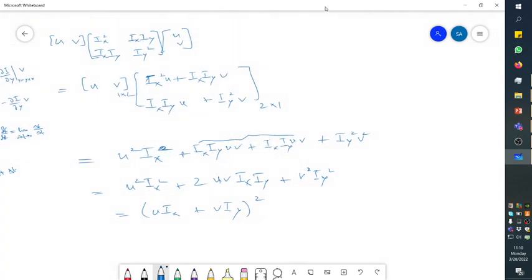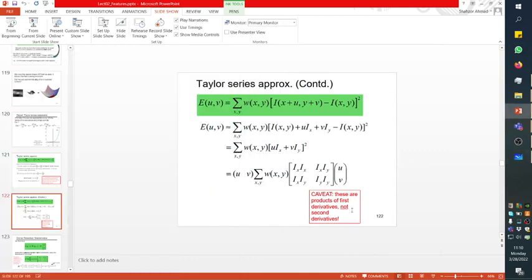Okay, so u ix plus v iy, the whole thing squared, which is the same as this. Okay.